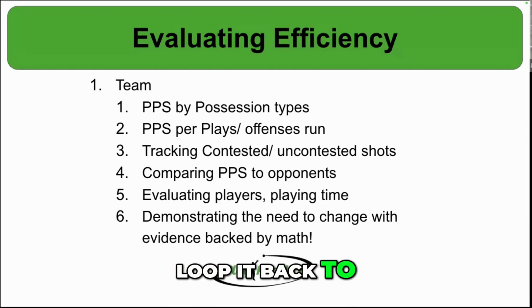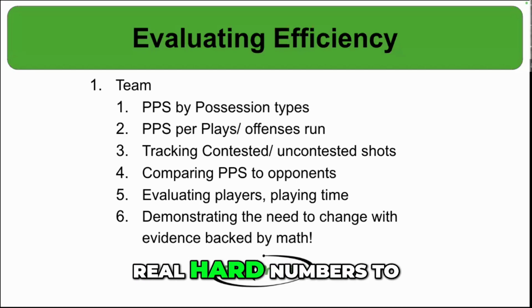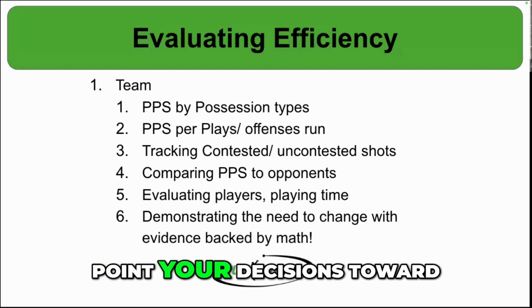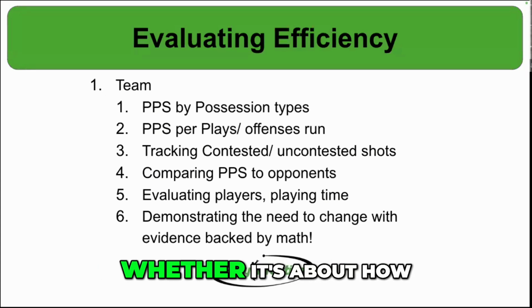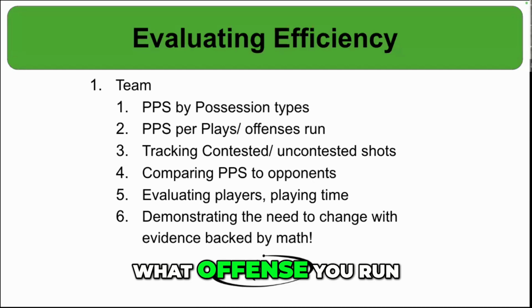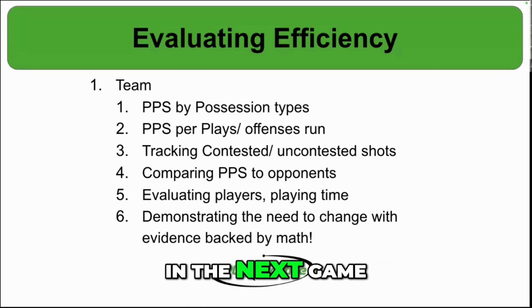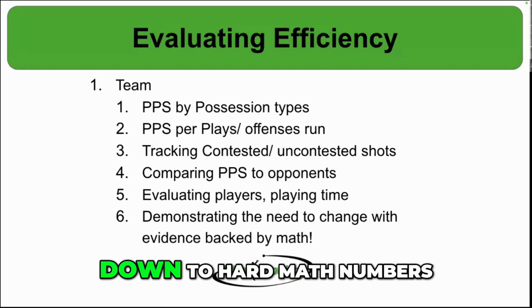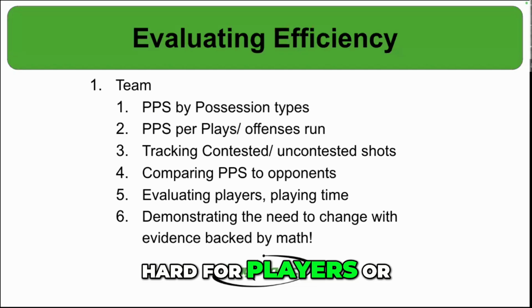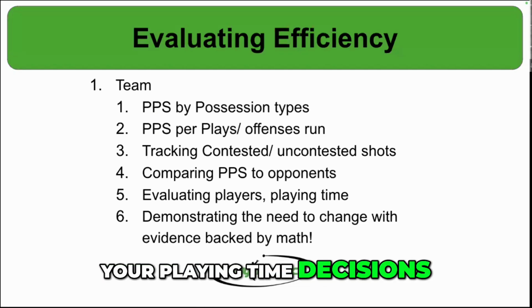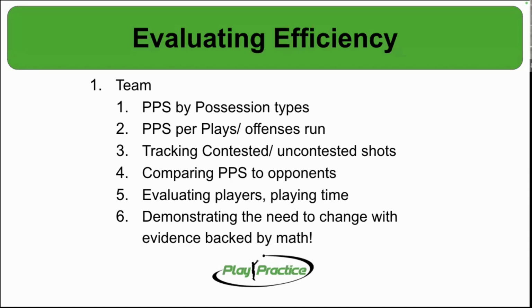And again, loop it back to individual player metrics and team metrics to just have real hard numbers to look at and to point your decisions toward, point your players toward, of why you're making certain decisions, whether it's about how you run offense or what offense you run or what players play more, get more minutes, and even who starts in the next game can really be tied down to hard math numbers. It's hard for players or parents to argue against your playing time decisions if you've got this system set up and this is how we operate. So I'll leave it at there.